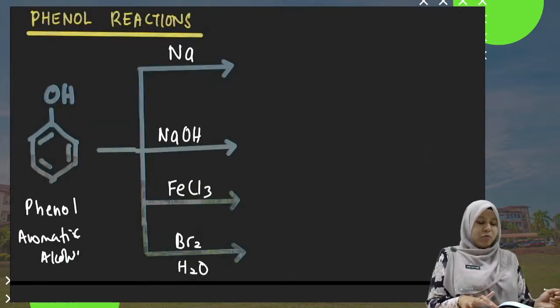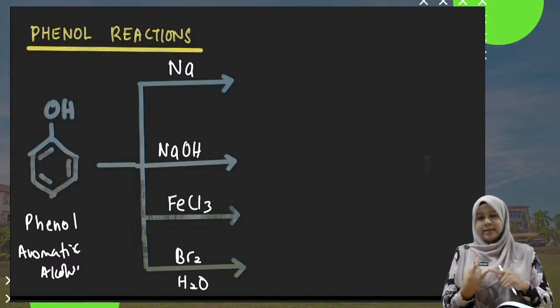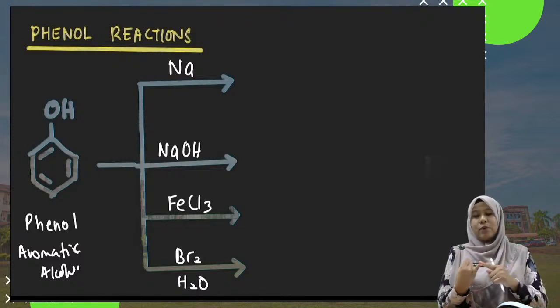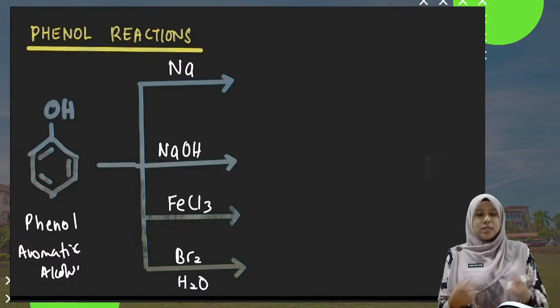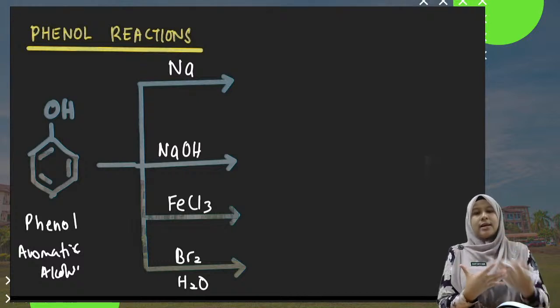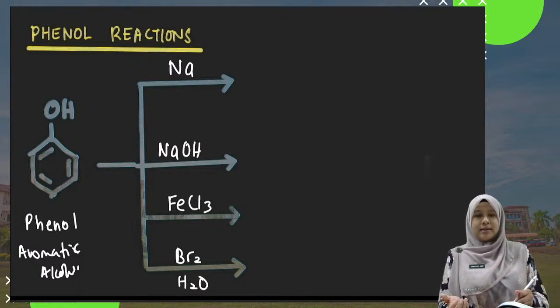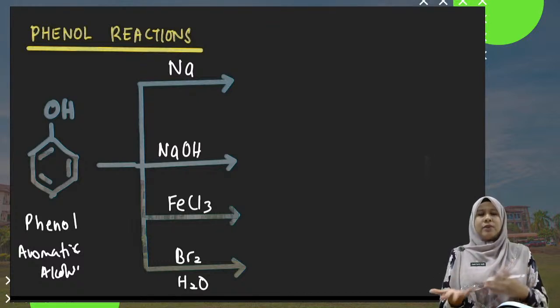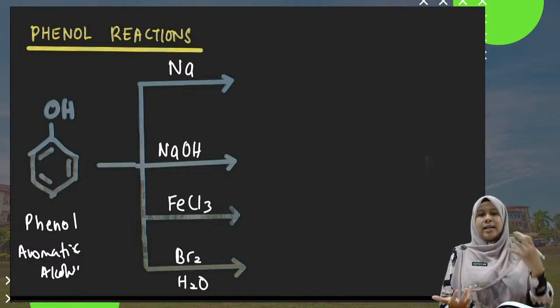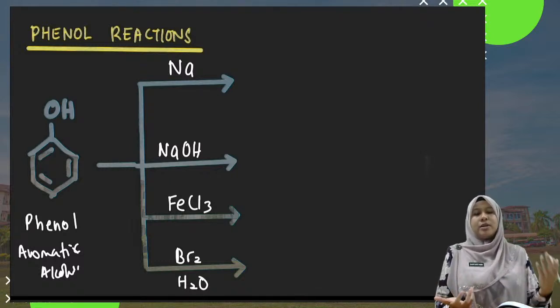So jadi bila dia most acidic, maksudnya dia boleh react dengan base. Acid boleh react dengan base, dapat water. So Na is a very strong base. NaOH ni pun strong base. Tapi kalau compare antara Na dengan NaOH, sodium tu dia lagi tinggi dia punya basicity.